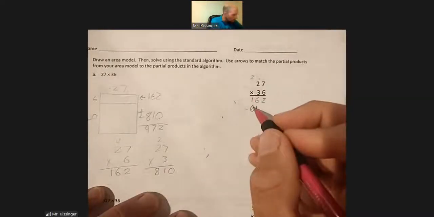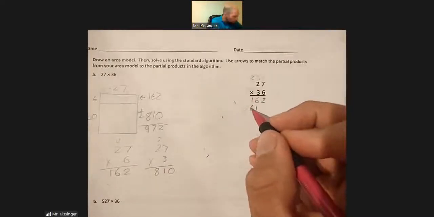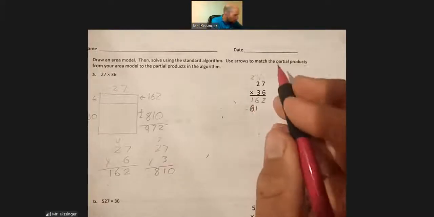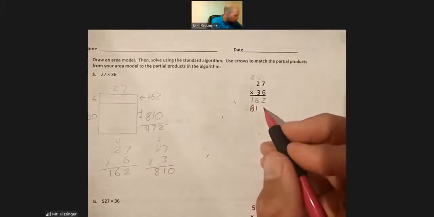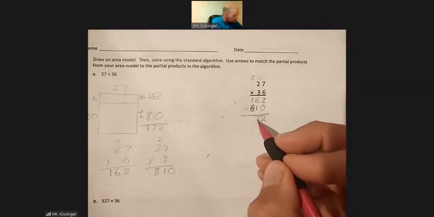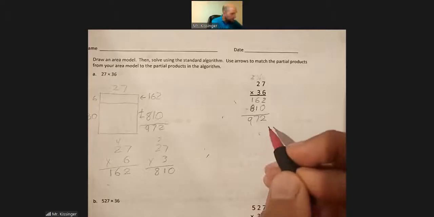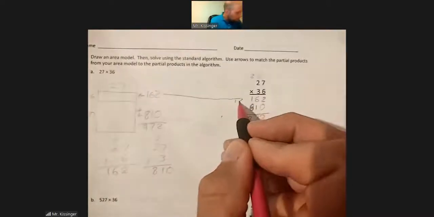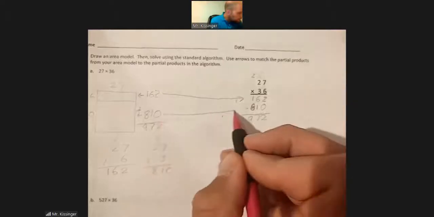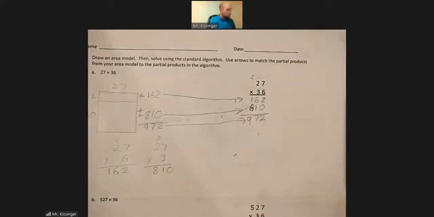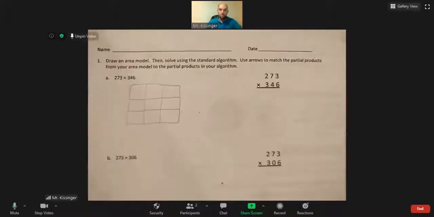Oh, we gotta bring down our 2. And then add our 0 on the end. And we get 972. We can bring our arrows across here, show our partial products, and our result is the same.